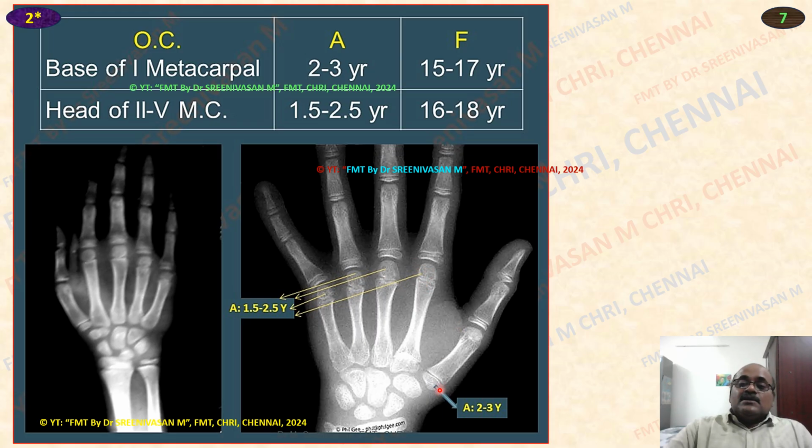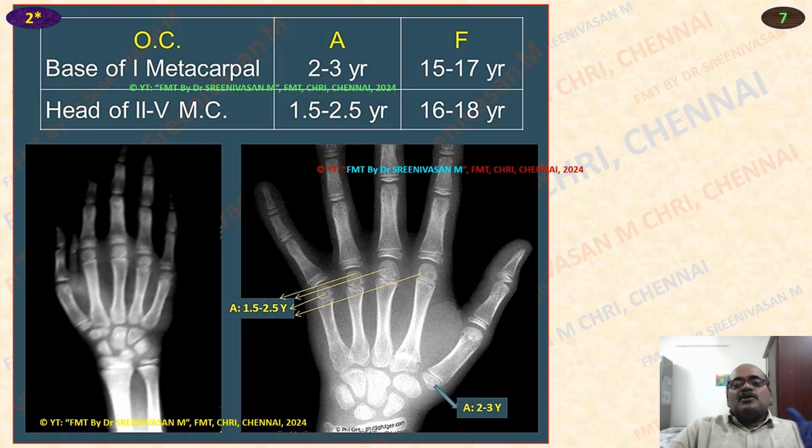The general rule is that the center which appears early fuses last and the one which appears late fuses first, right? Here the heads of second to fifth appear early, right? So they fuse last, that is 16 to 18 years, whereas the base of the first metacarpal, which appears comparatively late by 6 months, that is 2 to 3 years, since it appears late, fuses early compared to the heads of metacarpals, that is 15 to 17 years, 1 year in advance, right?